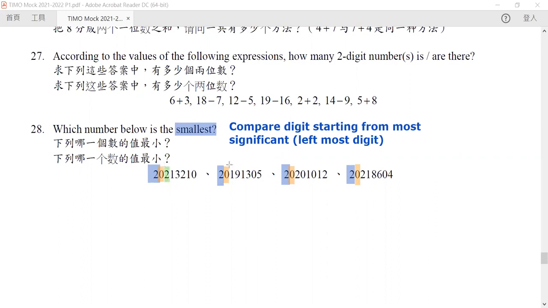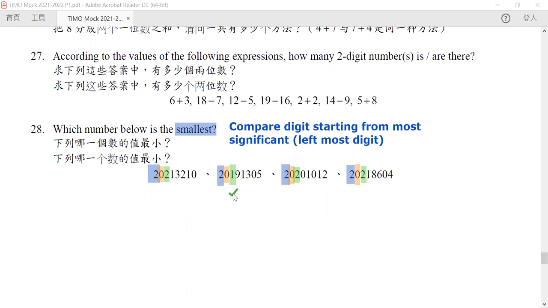And then we compare our next digit, which is 2, 1, 2, and 2. Now in here, we know which one is smallest because all of these are 2, but only this one is 1.